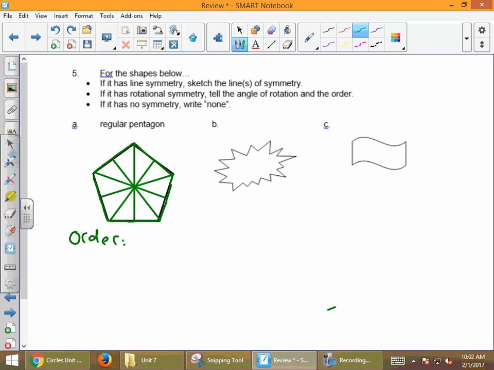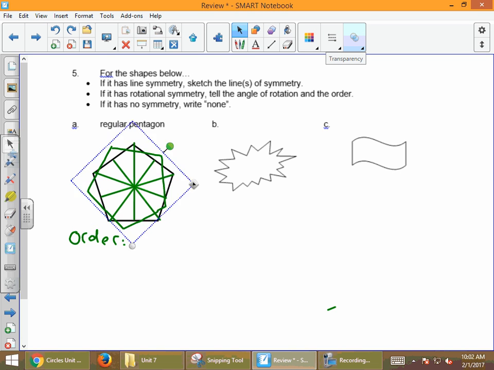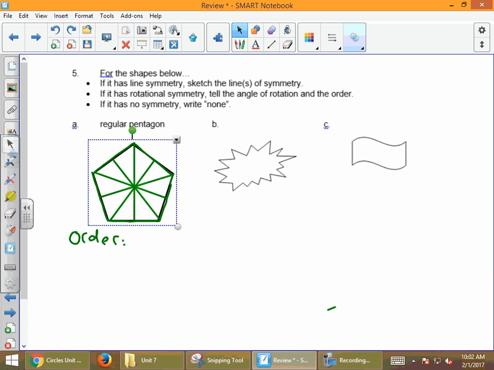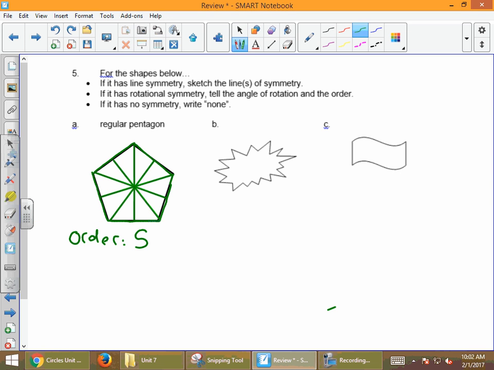I cannot, so I can turn the board. Watch. 1, 2, 3, 4, 5. So I can rotate this 5 times, so I do have an order of 5. How many sides are in this shape? 5. What's the order? 5. Why is that? It has to do with regular figures.